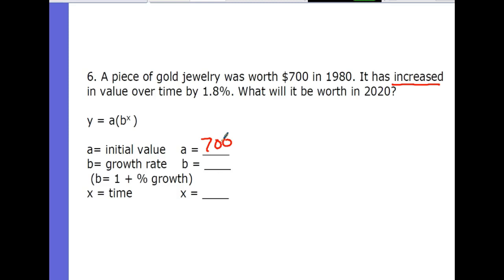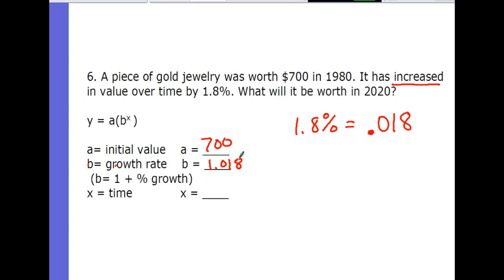Now, before you find the b, I need to change this into a decimal. It's a percent. What decimal is that equal to? And so the growth rate is add 1 to that because it grew, starting at 100% and then it grew.